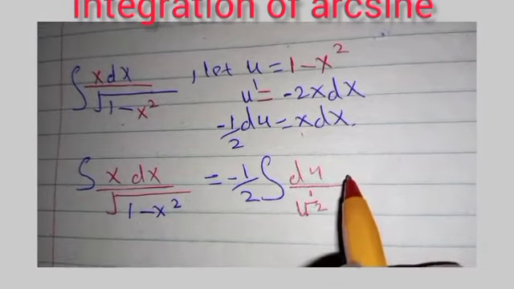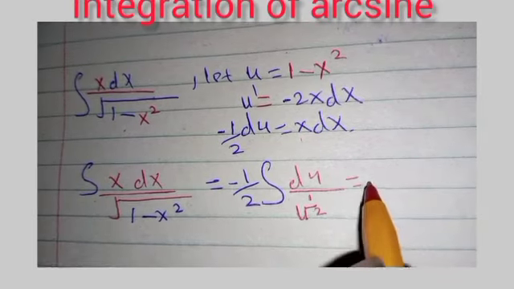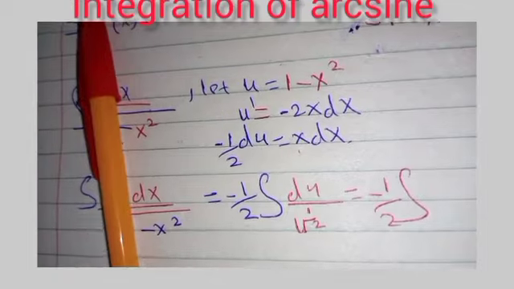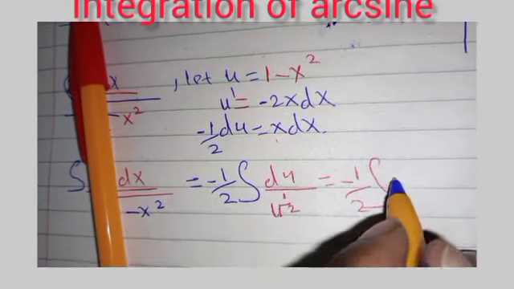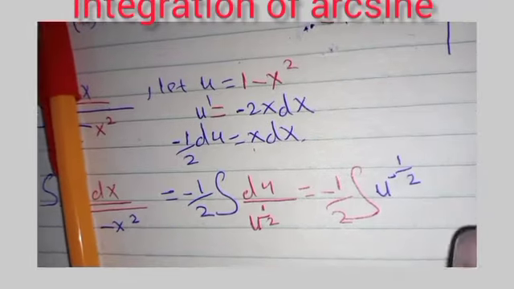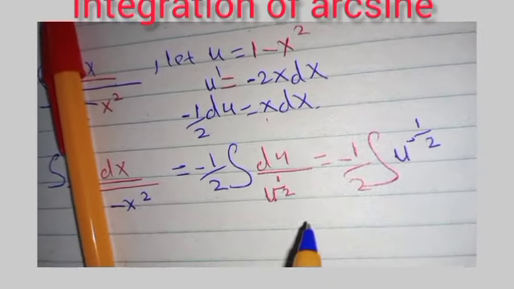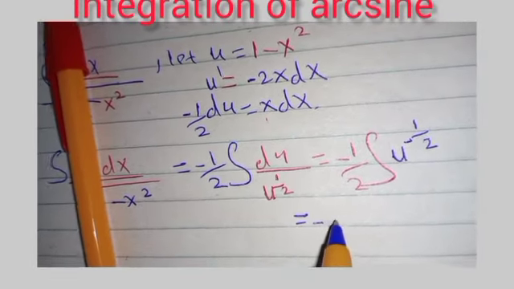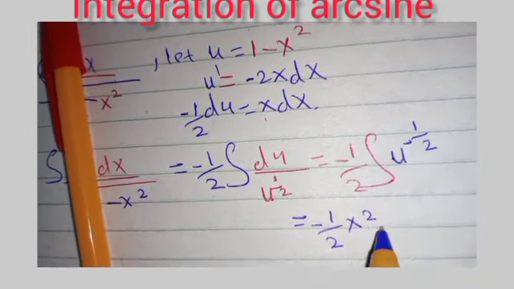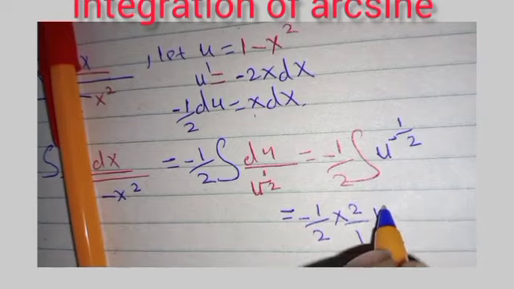Using the laws of indices, we are going to have negative half the integral of u power negative half. Then we integrate this.